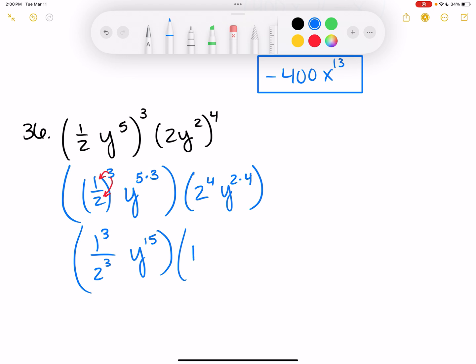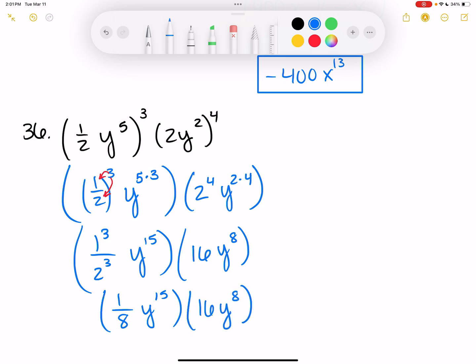And this is y to the 8th. 1 cubed is 1, over 2 cubed is 8. So this is 1 over 8, y to the 15th times 16 y to the 8th.